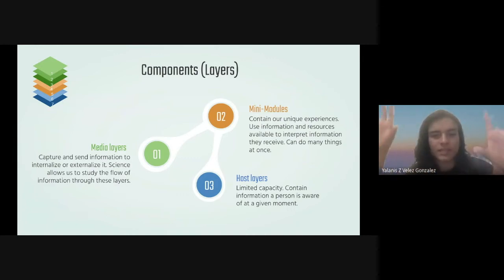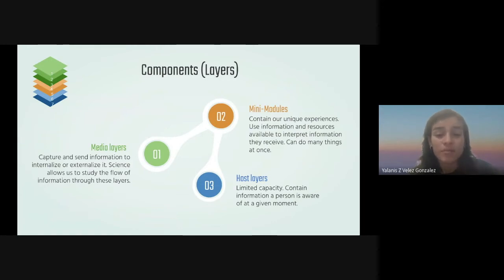So they have different roles. Notice also that they are color coded, and so throughout the presentation, the media layers will be in green, the mini modules will be in orange, and the host layers will be in blue.